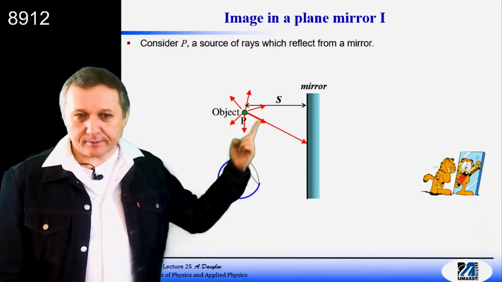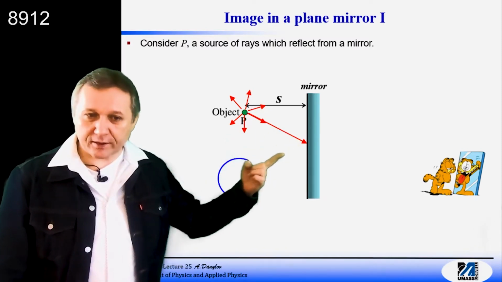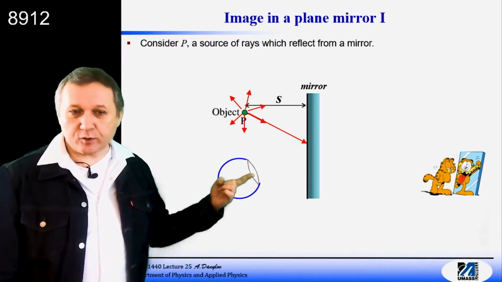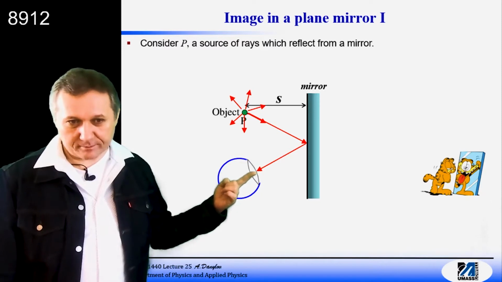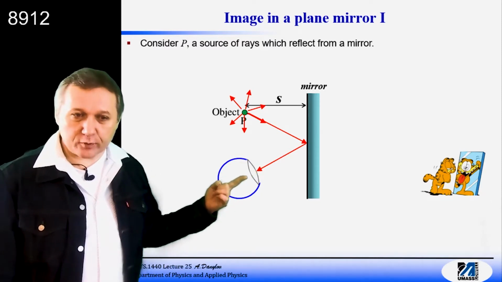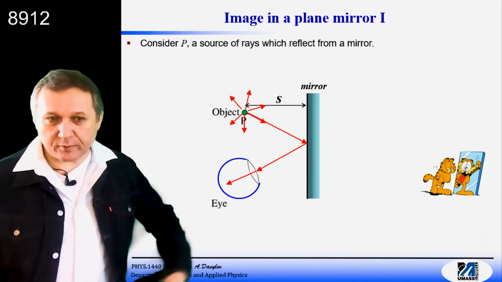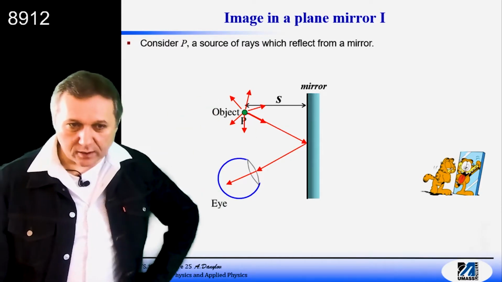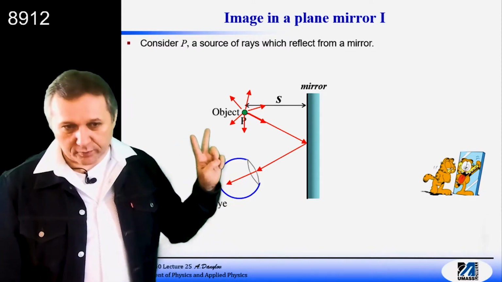So let's pick the first ray, which hits the surface. Then according to the law of reflection, it will go, and let's assume that this ray will hit the center of the lens of an eye, and it will end up on the retina, giving us some information about this source, about this object. But let's add 2 more rays.